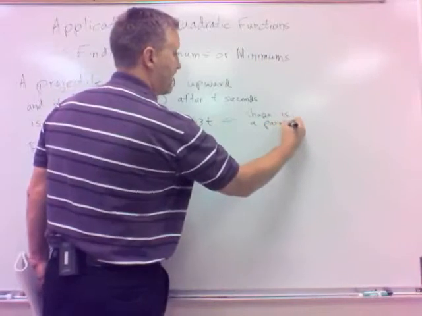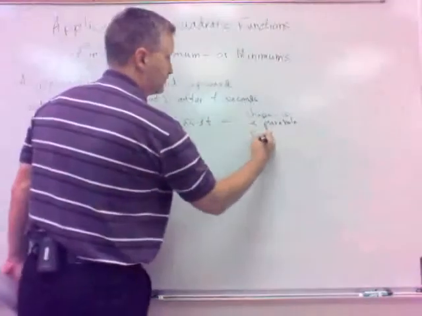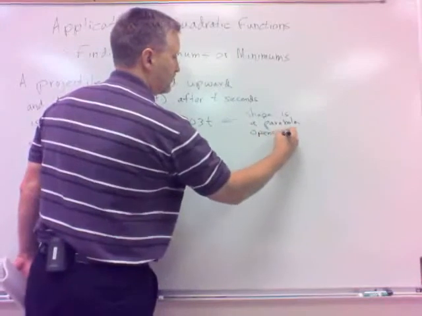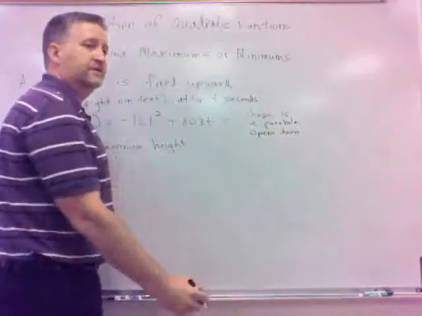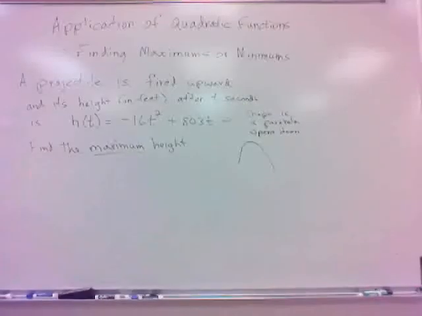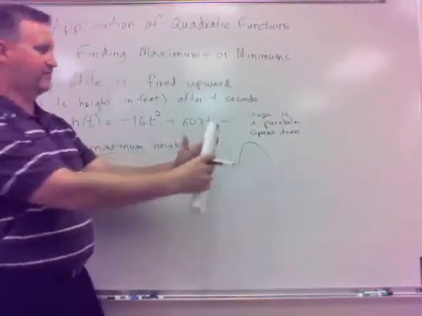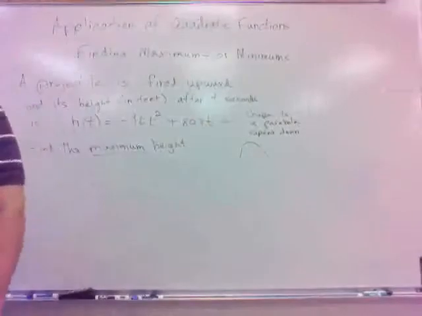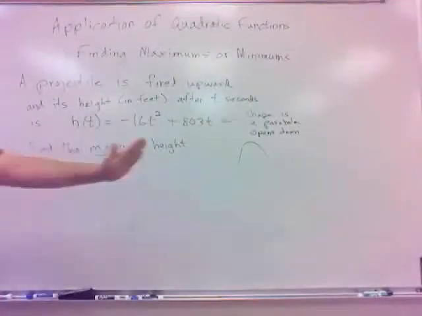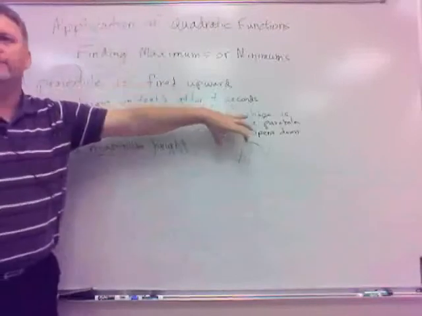And matter of fact, it's a parabola that opens which way? Opening down. And so just to sketch a little handy reference here, it's going to look something like that. Now it's going to be probably narrower than that, and much taller, okay? But the point is, it's going to be an opening down parabola.